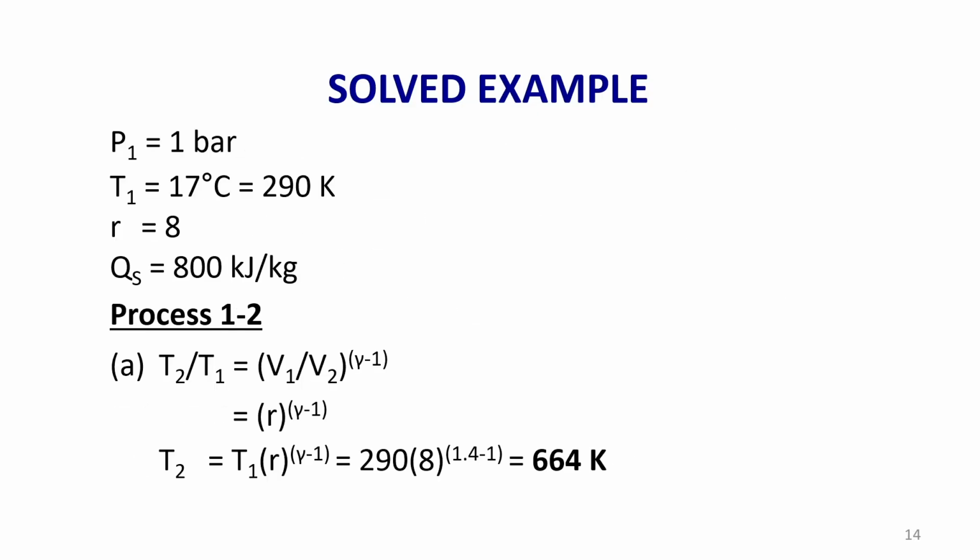So, now consider the process 1 to 2. 1 to 2 is isentropic compression. So, we can write the relation between temperature and volume, because we know the compression ratio is V1 by V2. We know V1, V2, and temperature T1 is given. So, we can easily find temperature T2 by writing the correlation between temperature and volume.